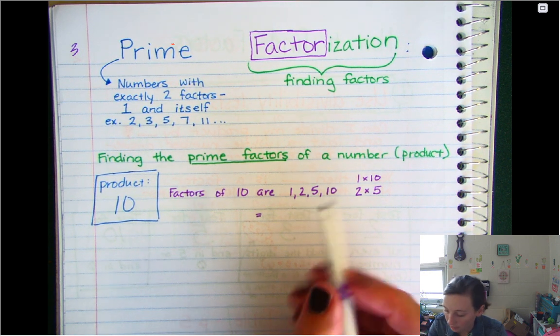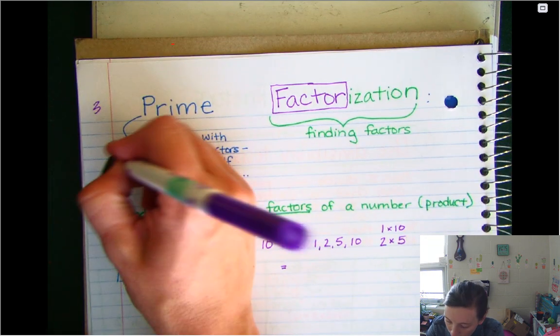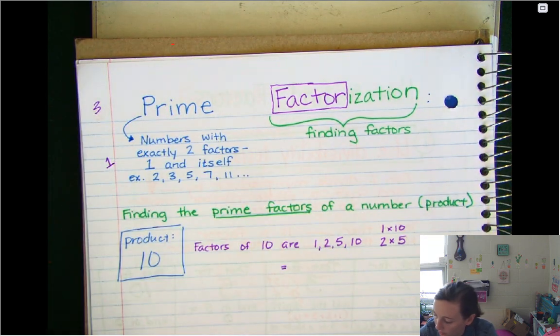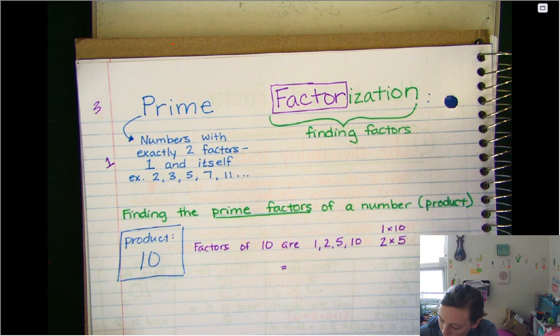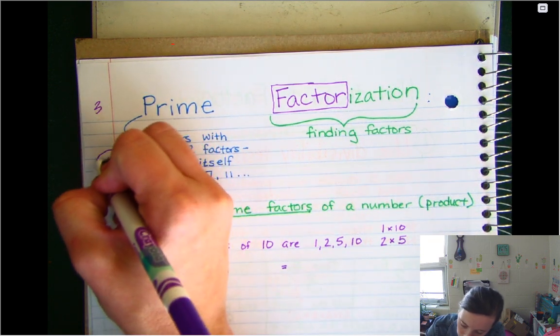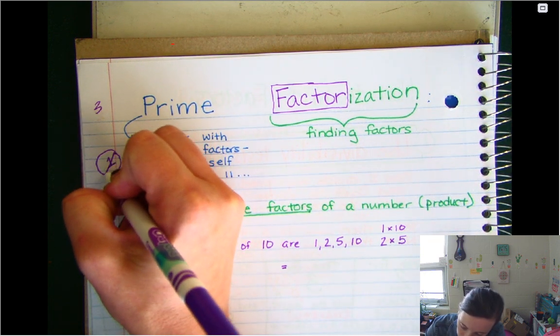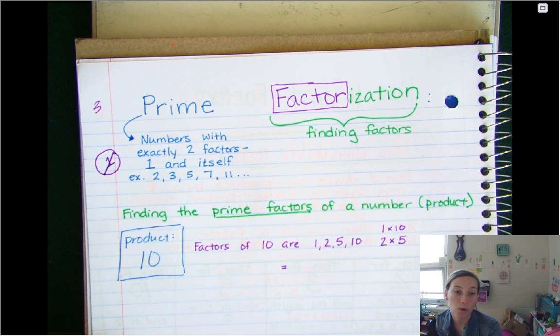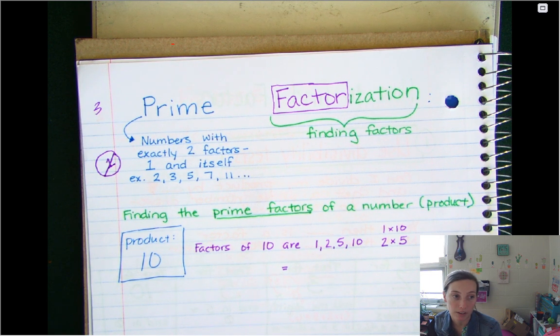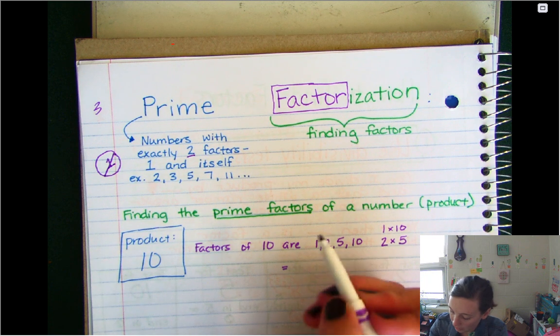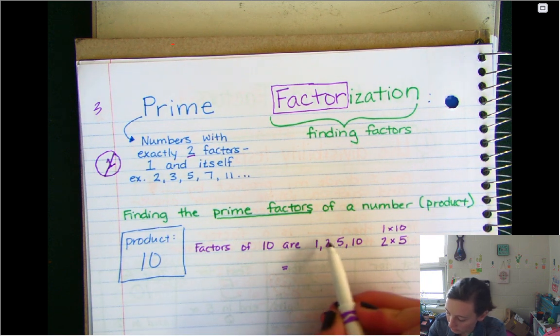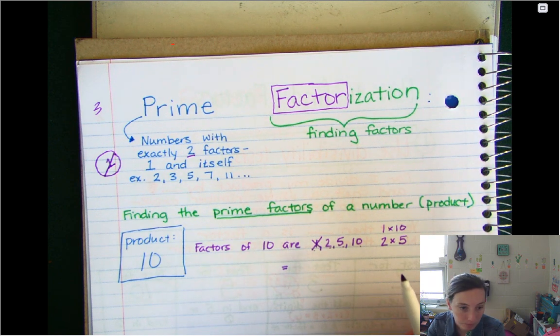Now, 1 is not a prime number. Think about why that might be for a second. 1 is not a prime number because 1 only has 1 factor. But a prime number has exactly 2 factors. So 1 cannot be a prime number. So out of the list of factors, 1, 2, 5, and 10, I can eliminate 1.